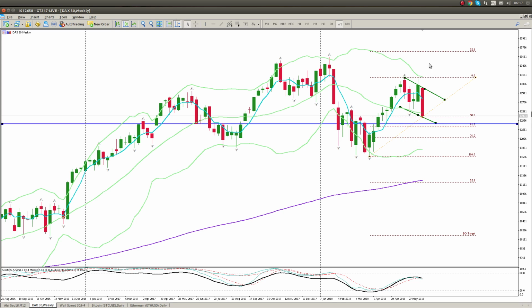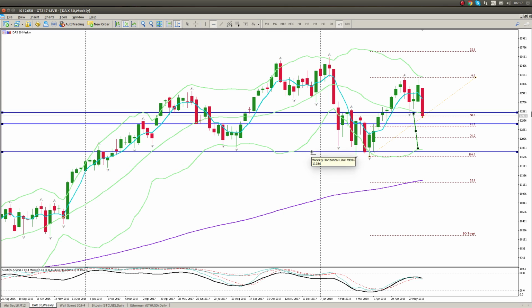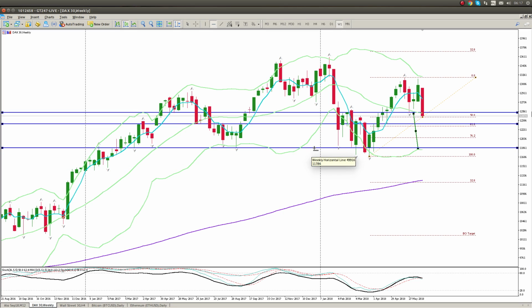That's the one view that we can take on this, and the other view is that we have validated a double top. By closing below the swing low on the daily, this double top has been validated, and we are going to move to the downside, pretty much to this tail, this tail, this tail.